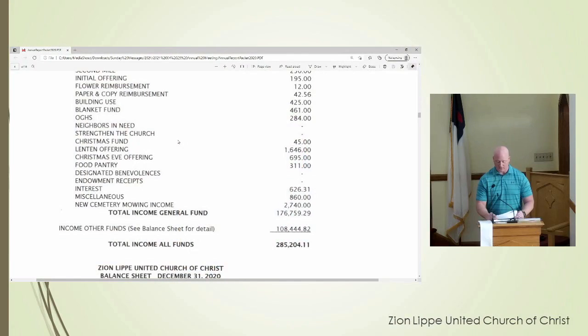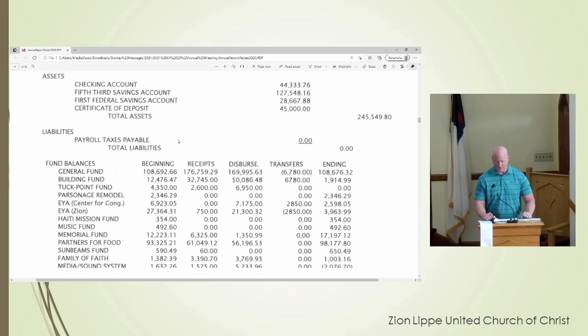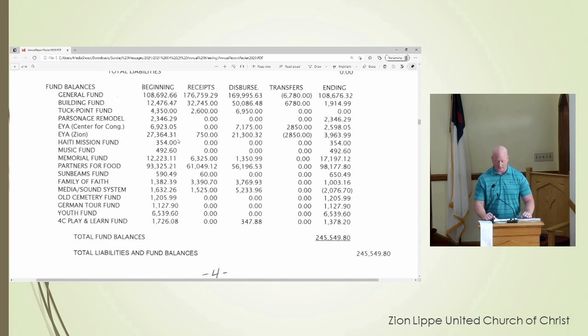You can see a total income there on the sheet of $285,204.11, with total funds of $567,956.52. We did $322,406.72 of disbursements, leaving us at total assets of $245,549.80.